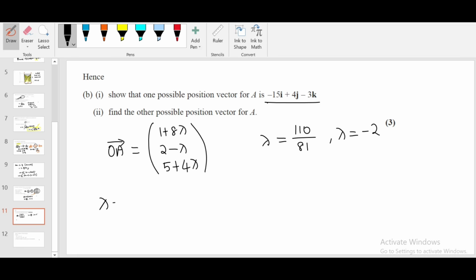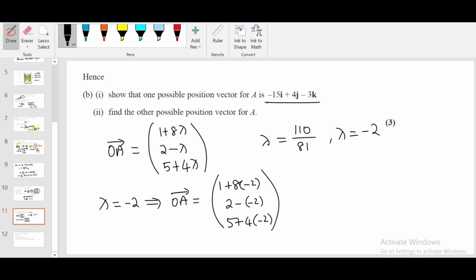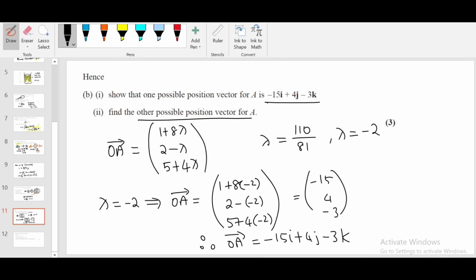So when you sub in lambda is minus 2, you will get OA is equal to (1 plus 8 times minus 2, 2 minus of minus 2, 5 plus 4 times minus 2). So you will get (minus 15, 4, minus 3). Therefore OA is equal to, write it in this form. This is what they want, right? And then to find the other position vector, replace lambda by this value now.